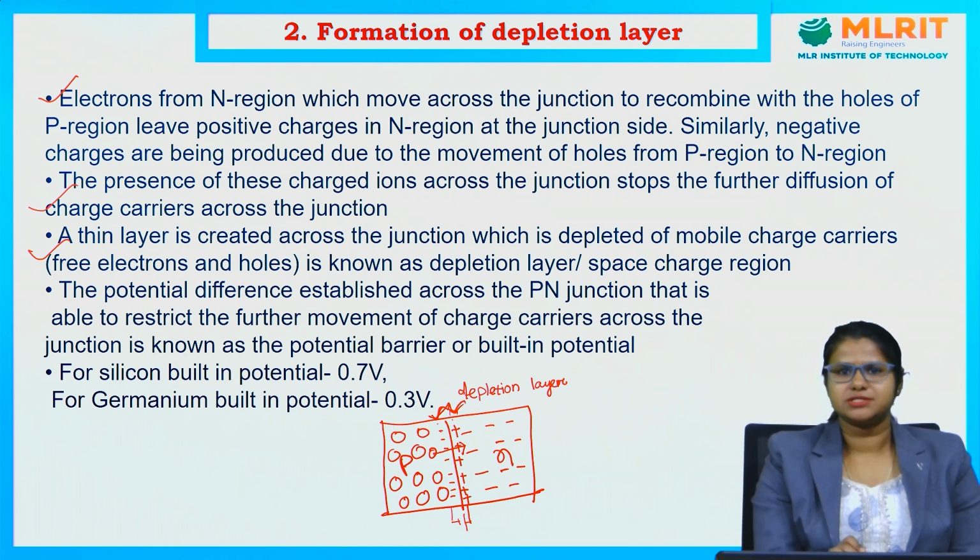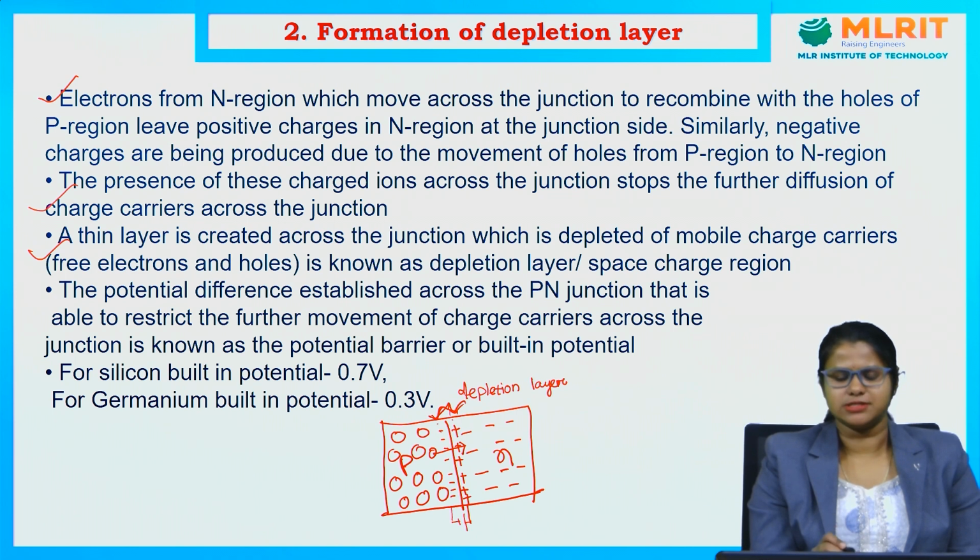Due to this depletion layer, some potential difference will be established across the junction. That potential is known as the barrier potential.